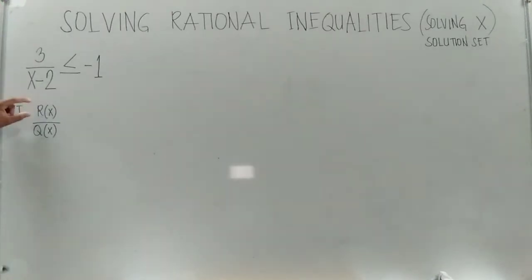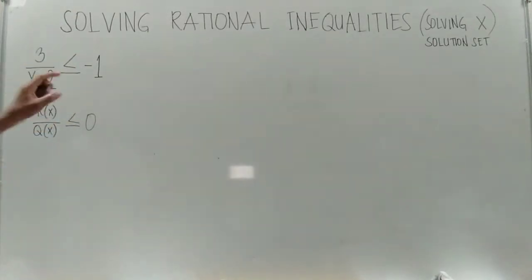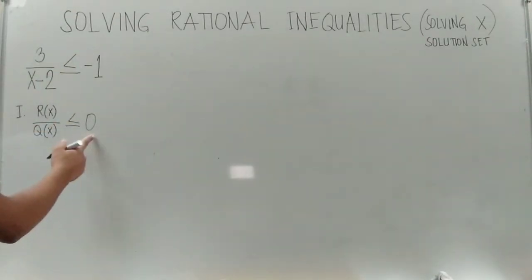So assuming we have your numerator as r of x and your denominator as q of x, then in our case, let's follow this symbol less than or equal to, and let's put your inequality where the other side is 0. Our first goal is to make your inequality 0 on its other side. So for now, our reference point is 0.